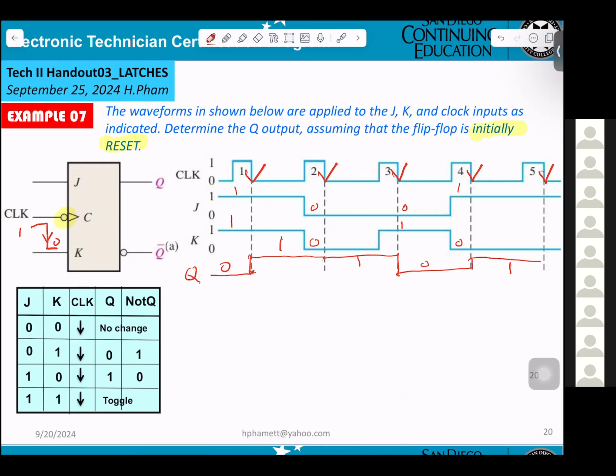And that last one looks like it's high, low. So that would be a 1. Yeah, right there, that's 1.